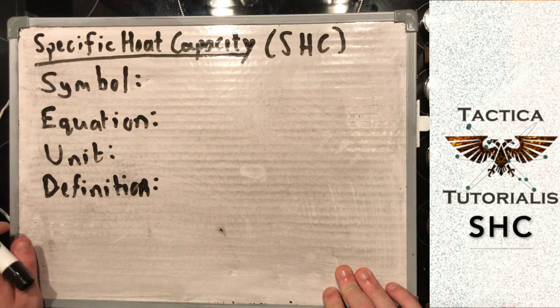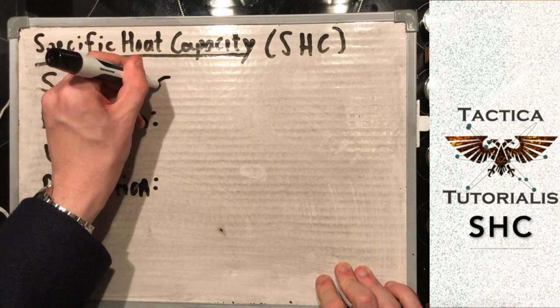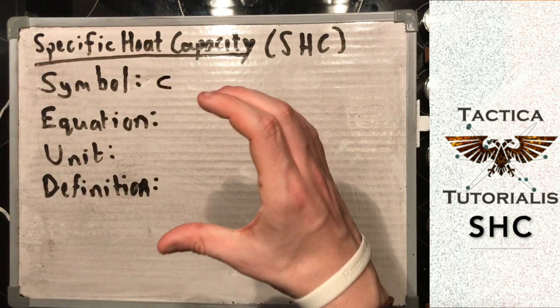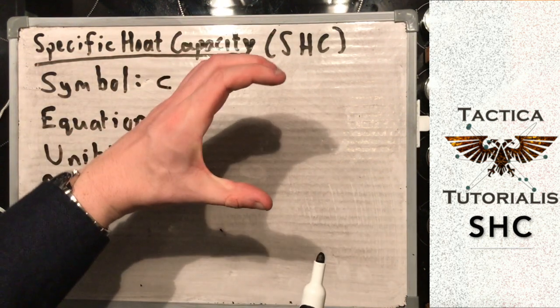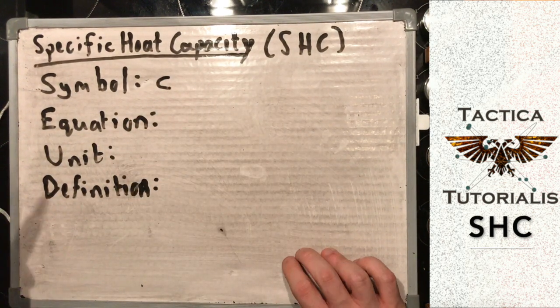So first off is the symbol that we use for it in equations, and that, of course, is a lowercase c. Not a capital C, a lowercase c. In terms of the heat equation, well, we already just did it.